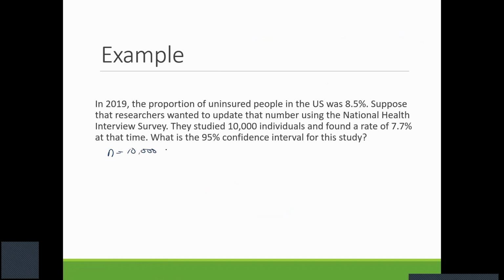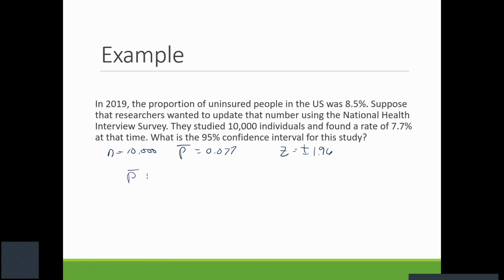It's 10,000, and they found an uninsured rate of 7.7%. So P bar is 0.077, okay? And we want the 95% confidence interval, so Z is equal to plus and minus 1.96, all right?